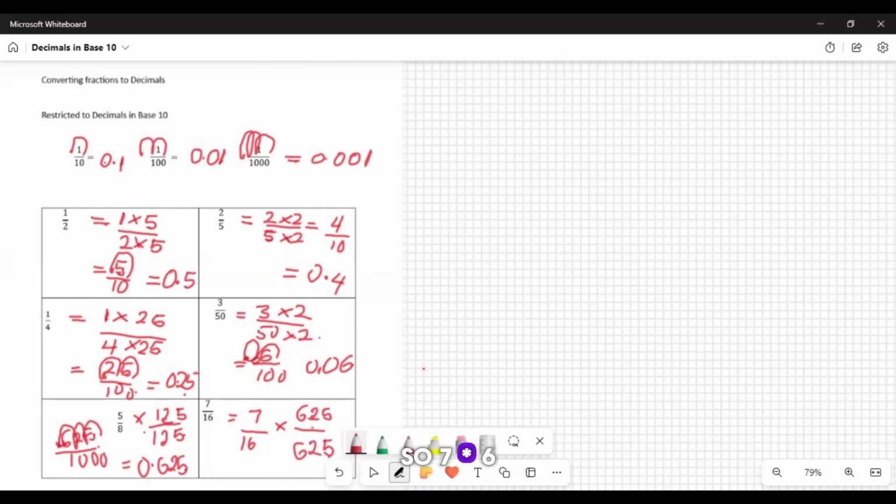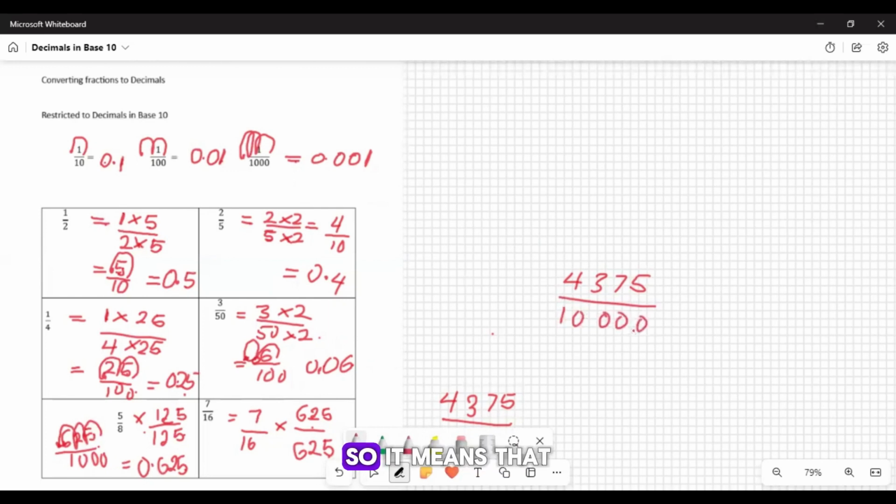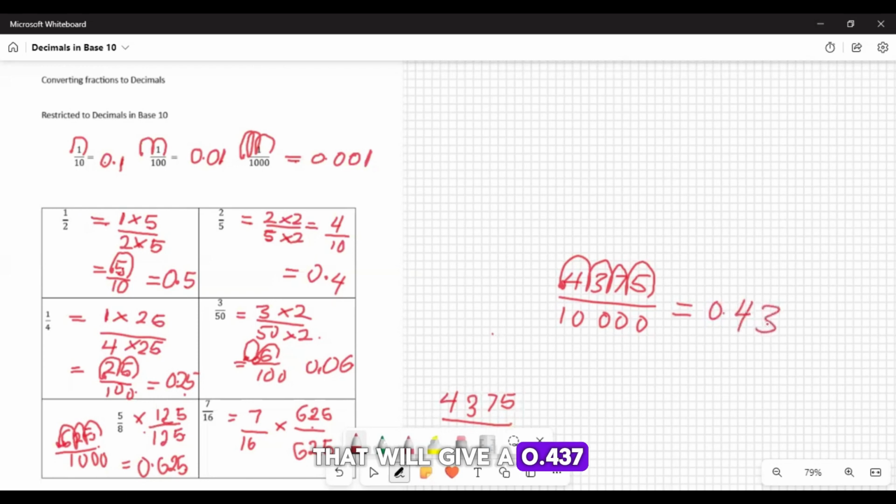So 7 multiplied by 625 gives us 4,375, divided by 16 multiplied by 625, and that is 10,000. So let me rather write it here. 4,375 divided by 10,000. So it means that we are moving 1, 2, 3, 4. That will give us 0.4375.